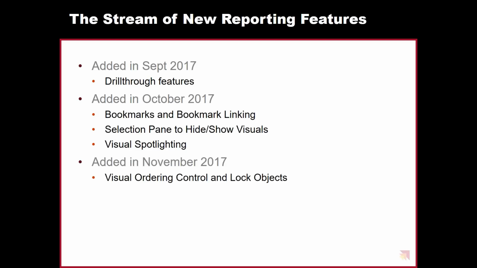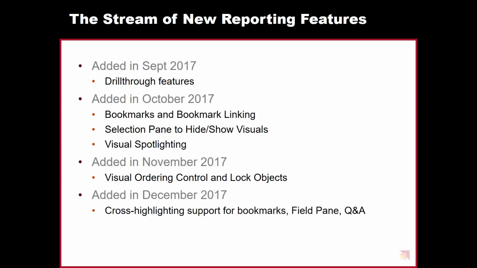In November 2017, they updated the selection pane so that I can move visuals up and down, above or below each other, and control which one is actually going to be laid on top visually and cover the other one up. We also have a lock objects tab that we're going to look at. Note that in December, there was this one thing that bookmarks weren't recording, which was cross-highlighting, but they went ahead and added support for that.